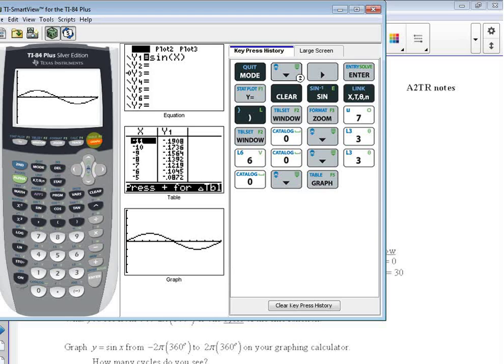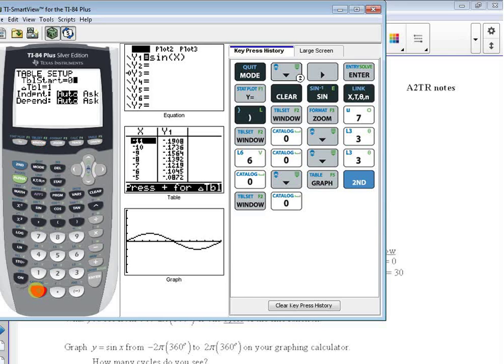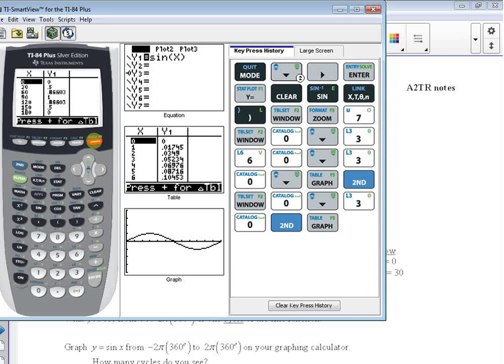All right, so if you go to second window and you wanted to look in your table at values to plot some points, you would want to go here and have the table start at 0 and then triangle TBL increment by 30s. So then hit second graph and you can now see how your table will go by 30s.